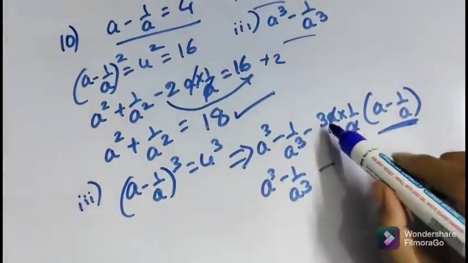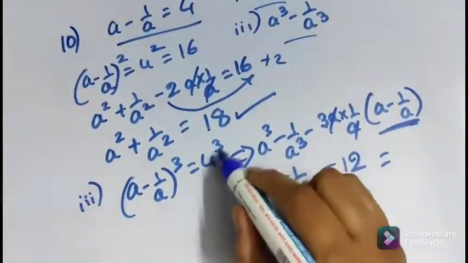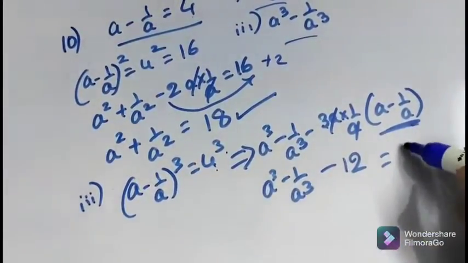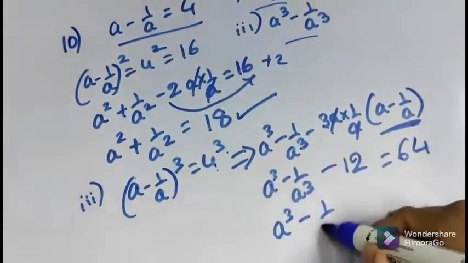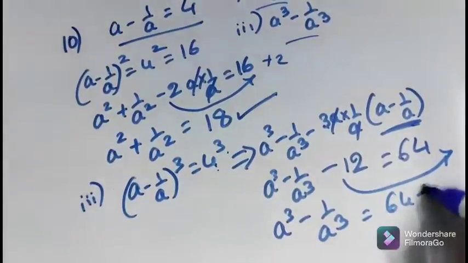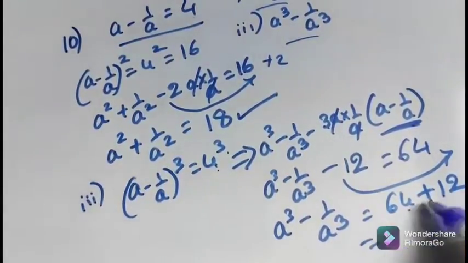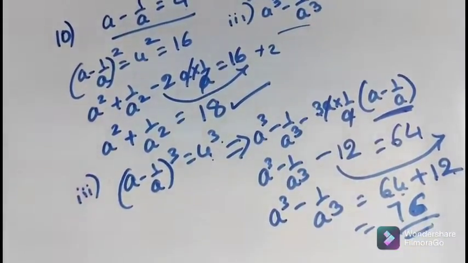So we can write 3 fours are 12. And this side we have 4 cube, which is nothing but 64. So a cube minus 1 by a cube, when we shift this here, we get 64 plus 12. The answer we get is 76. Let's do the 10th main second part.